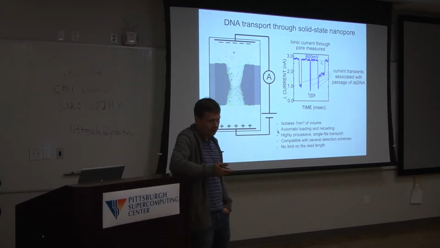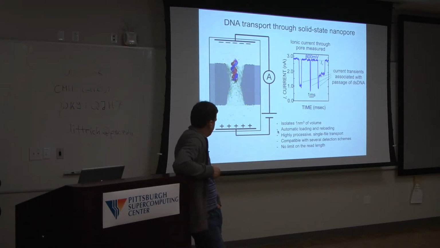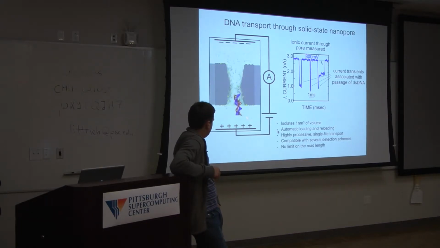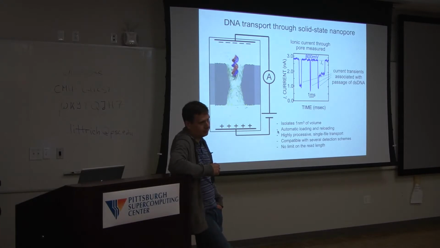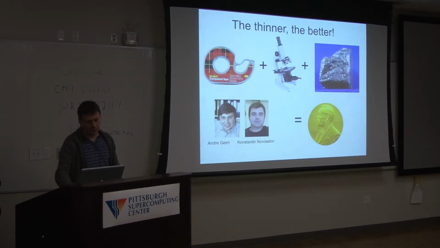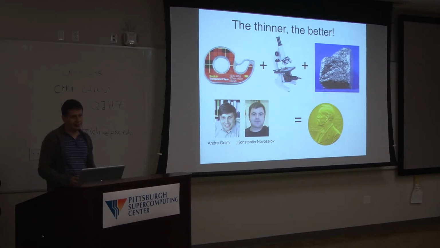The problem with solid-state nanopores is that they're typically much thicker than a single base. So the question was, how can we use such a system to sequence DNA if we cannot confine just a single base in the pore? And the answer to this question was, of course, the Scotch tape, right? That's the answer.